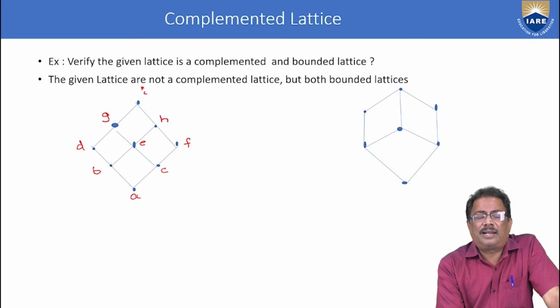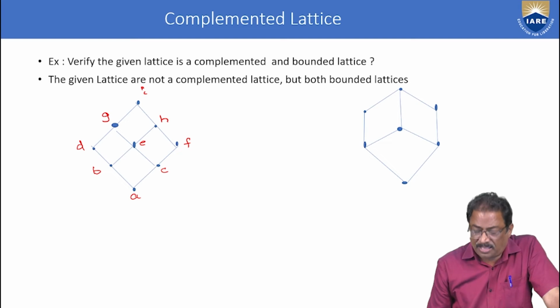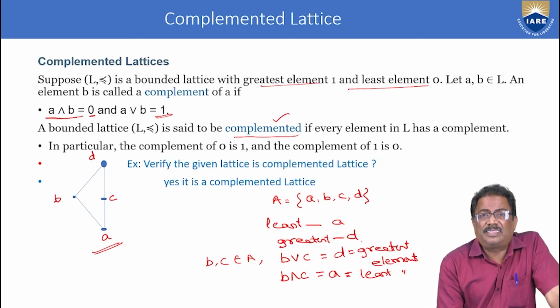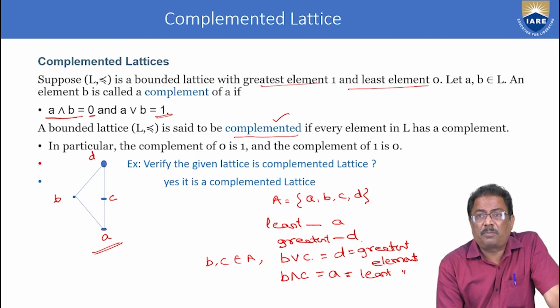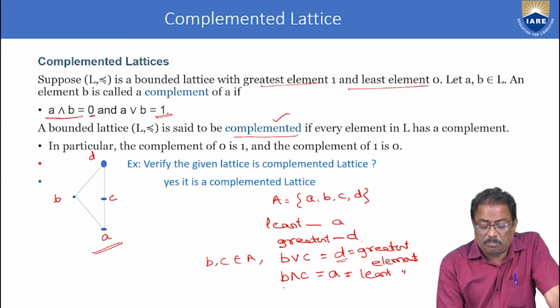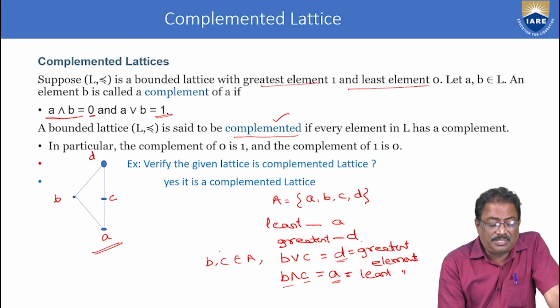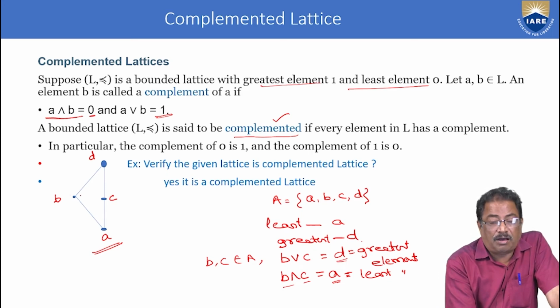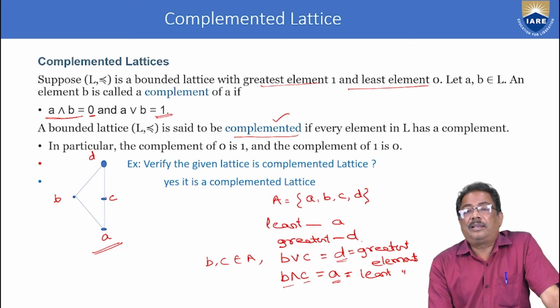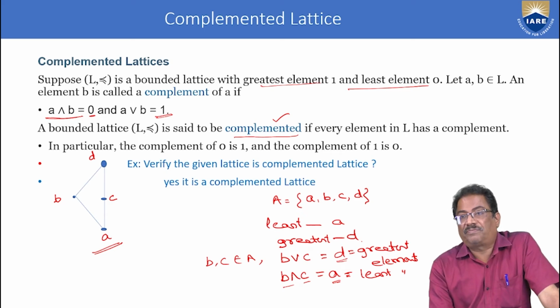In any complemented lattice, for each and every element, see here earlier, B or C is equal to D. That means the least upper bound of B, C is D. Then we can say that B and C are complements of each other.